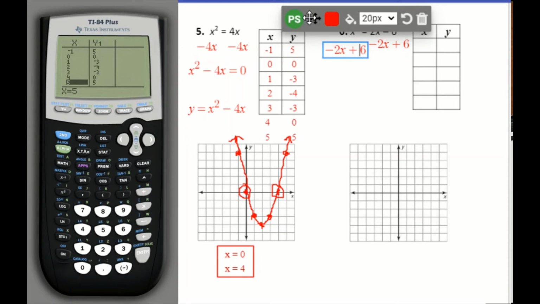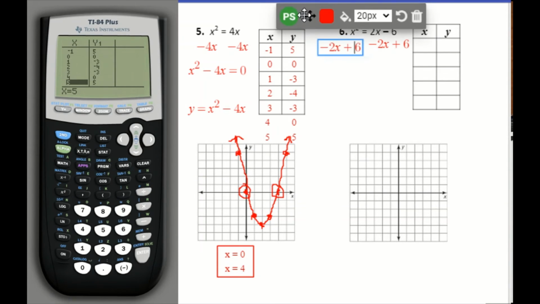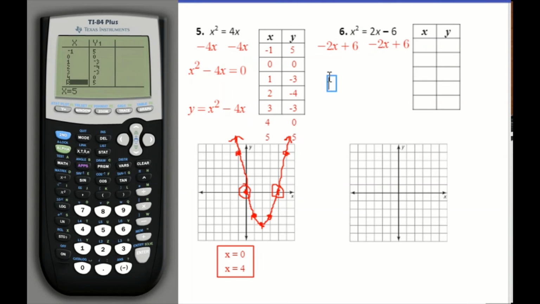You've probably noticed I've been writing this step on every single problem. If you're at a point where you could just do that in your head, that's fine, as long as you do it right. So there we go, we've got our equation that we are going to solve. We're looking for the x values that make this true, and we're going to use the graphing technique to do so.